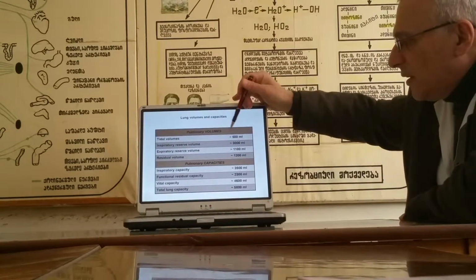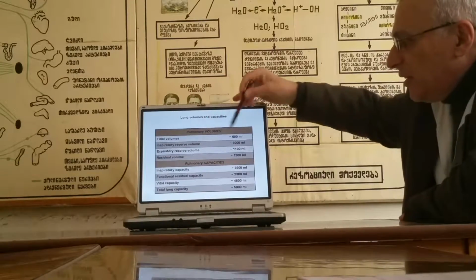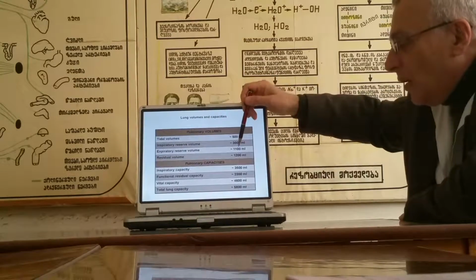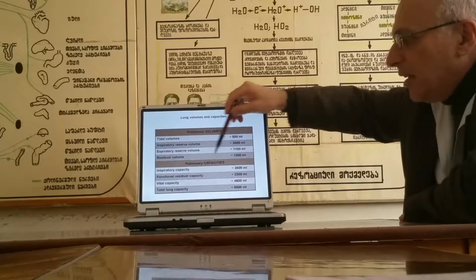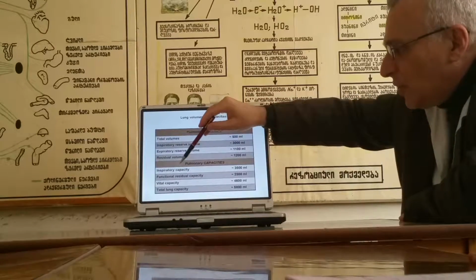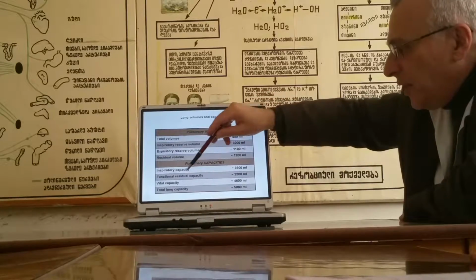So you can see here these volumes and capacities. Tidal volume, as I told you, is 500 milliliters. Inspiratory reserve volume 3,000. Expiratory reserve volume 1,100 milliliters. Residual volume 1,200 milliliters. And capacities: inspiratory capacity 3,500.